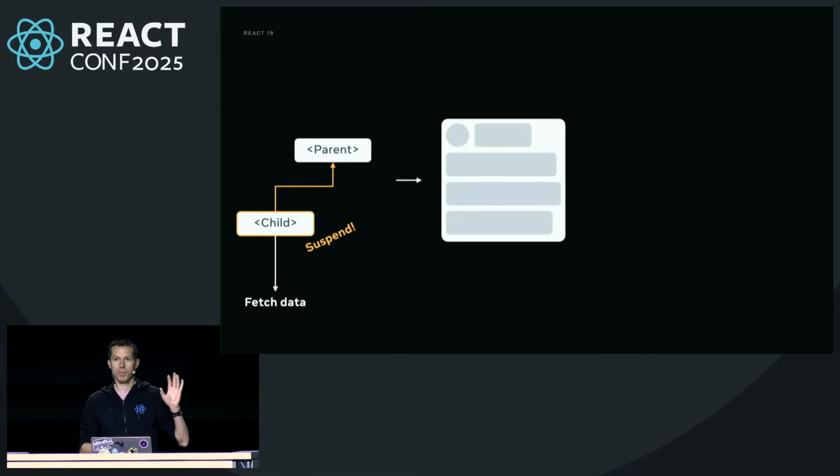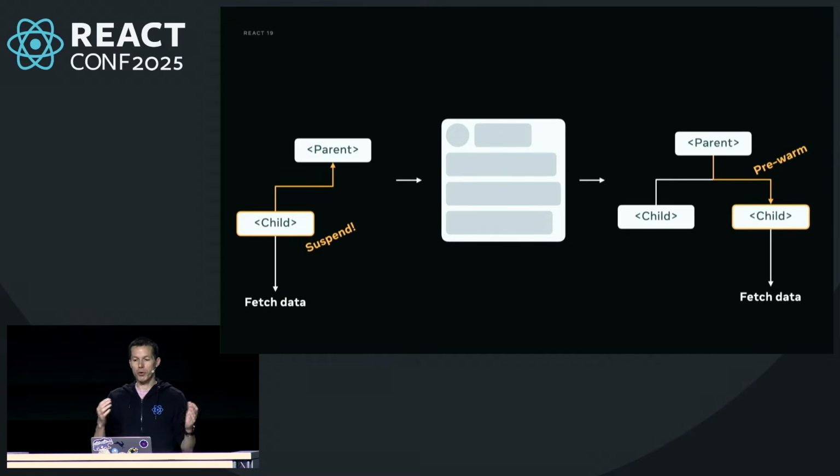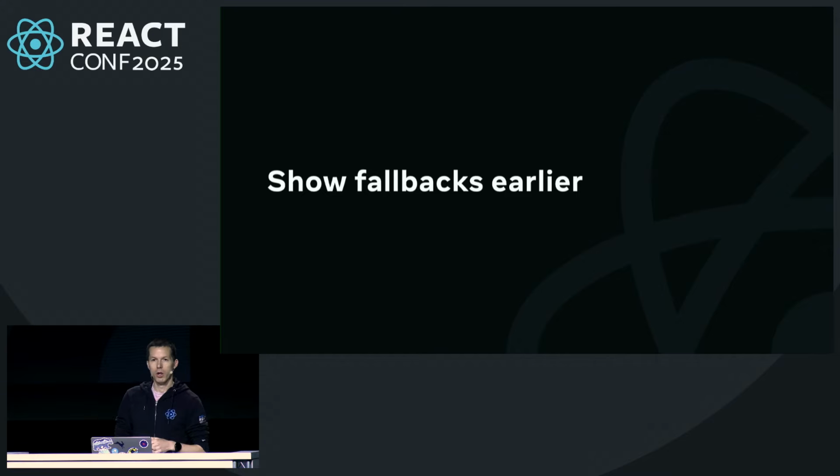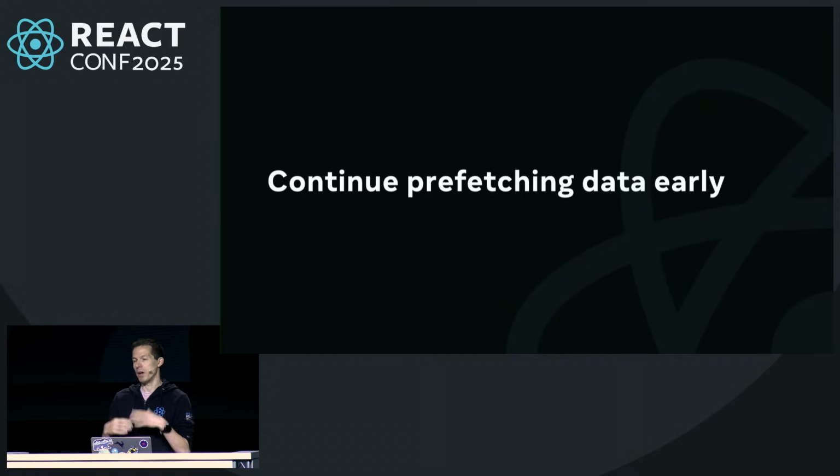But rather than wait for that initial fetch to resolve before we try other siblings, we immediately schedule a pre-warming of the remaining siblings. So we're still showing the fallback, but while that's happening, we're starting to render, pre-warm the other siblings to fetch their data too. So to summarize, sibling pre-warming allows React to show fallbacks earlier while continuing to prefetch as much data as possible early.